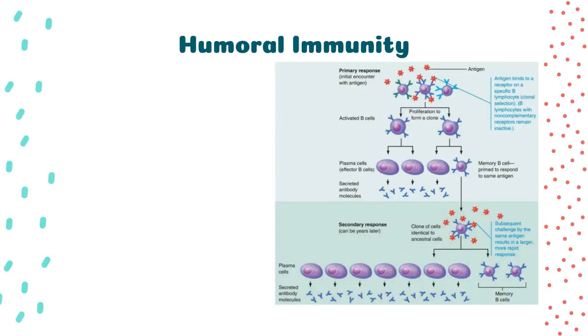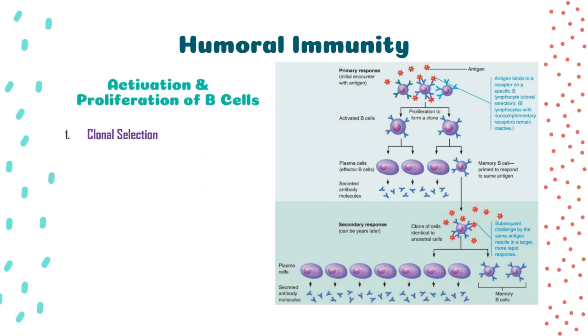In humoral immunity, which is known as antibody-mediated immunity, the activation and differentiation of B cells occur in two steps: the clonal selection, and then the proliferation and differentiation of these B lymphocytes into effector cells and memory cells. In clonal selection, the antigen binds to the receptors on the B lymphocytes.